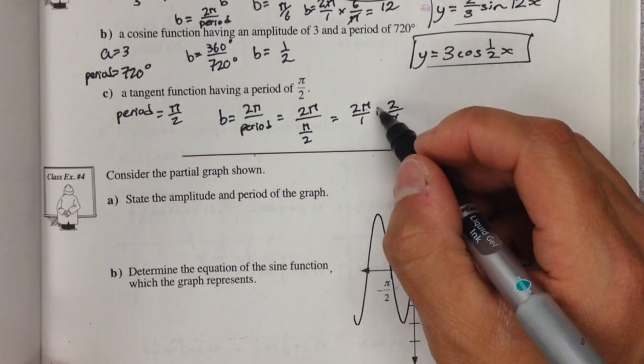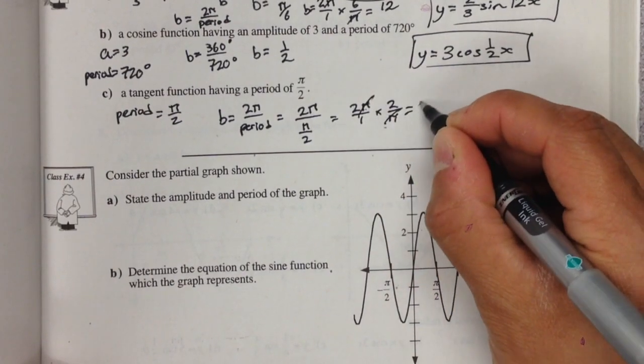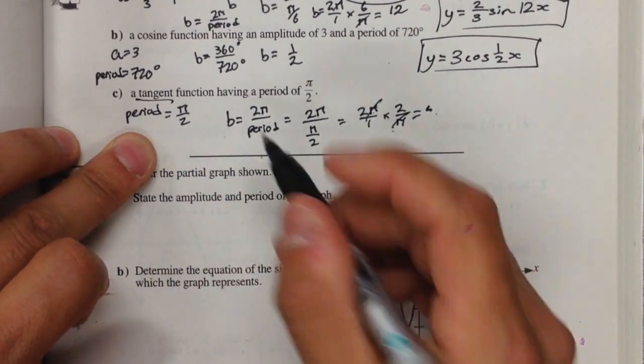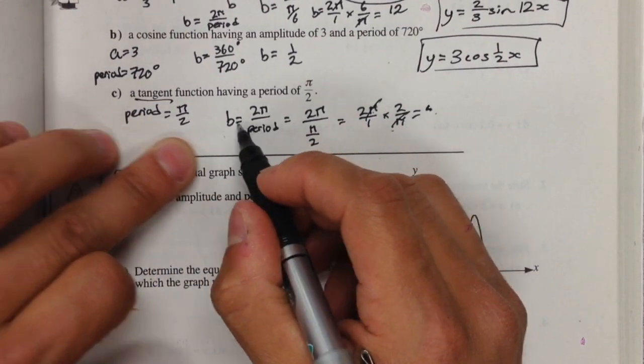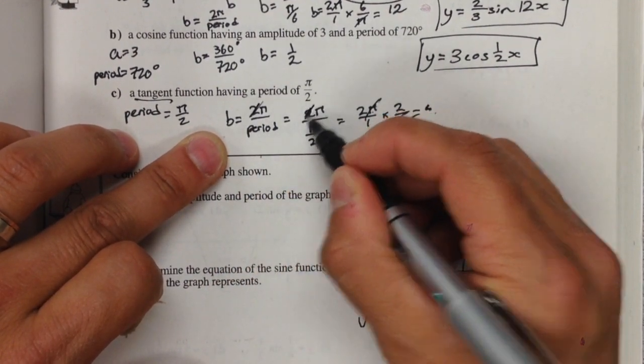Oh, sorry, hold on a second. We're working with the tan function. So my parameter b is just pi over the period, not 2 pi over the period.